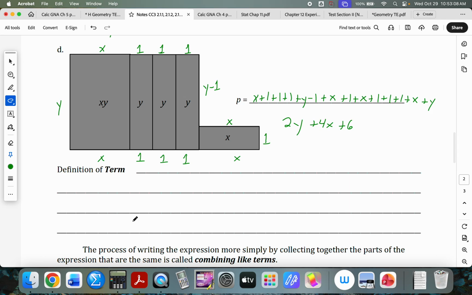So, when we write these things down, each of these is something that is called a term.